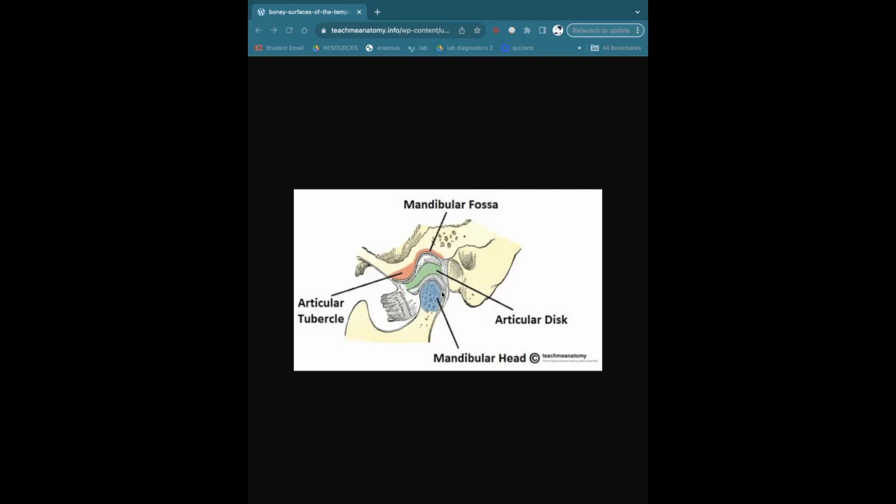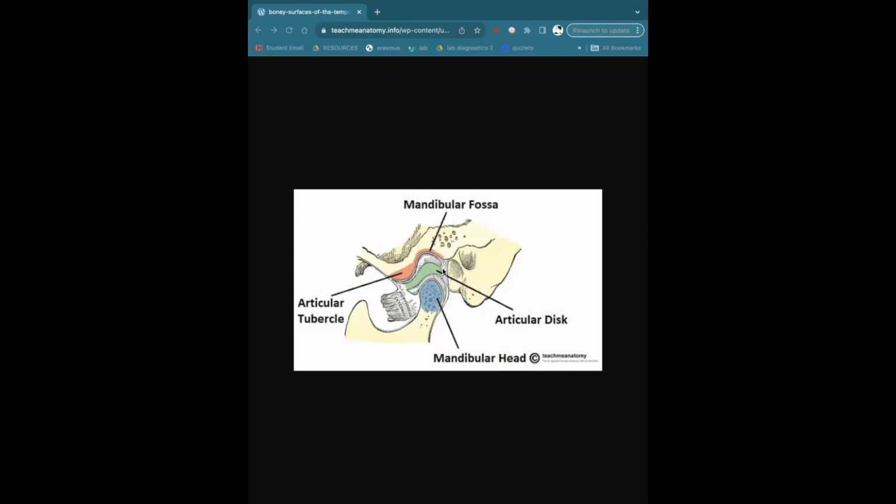And the last surface is the head of the mandible. Okay, three surfaces: mandibular fossa, articular tubercle of the temporal bone, both of those things are in the temporal bone, and finally you have the mandibular head of the mandible.